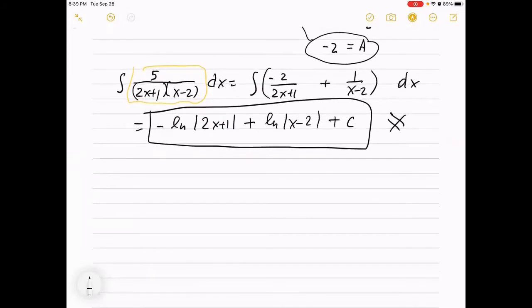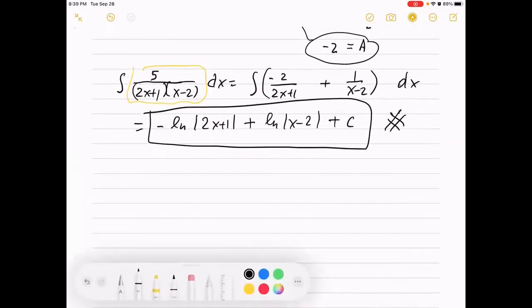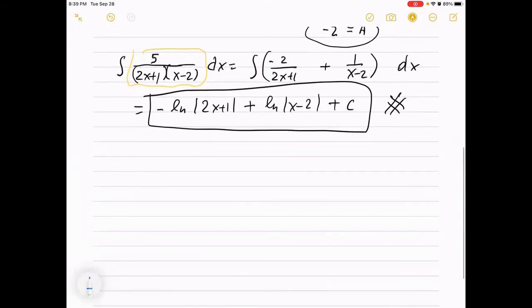So in general, the picture looks like this. We have a rational expression, so we have polynomial over polynomial. Just imagine that in the polynomial on the bottom, we have some expression, and in that expression, we have ax plus b to the power q.